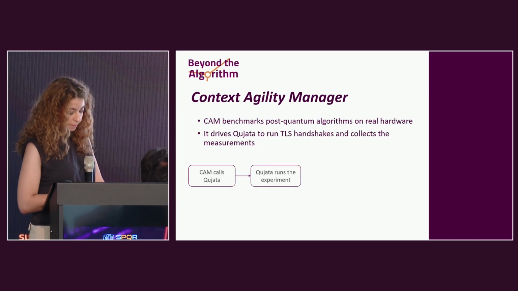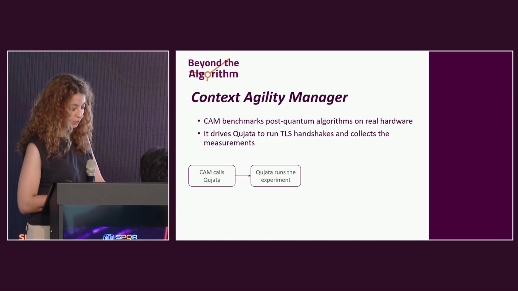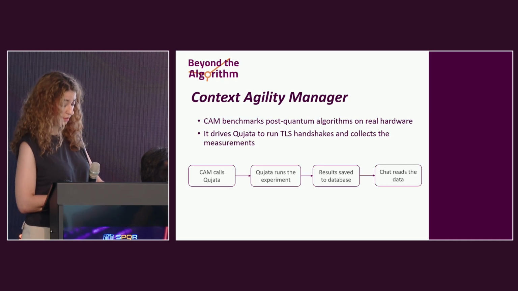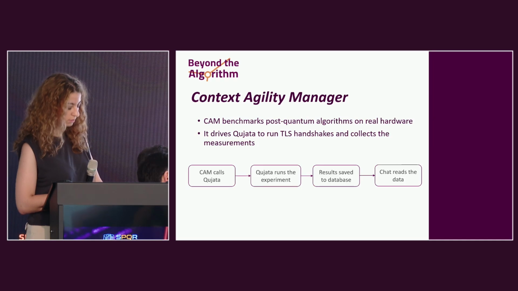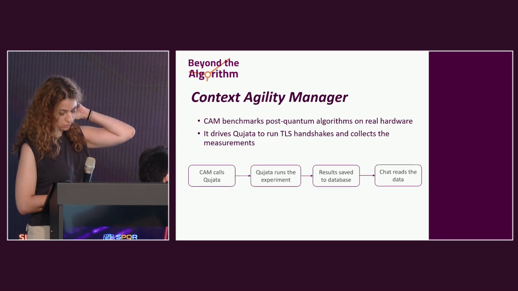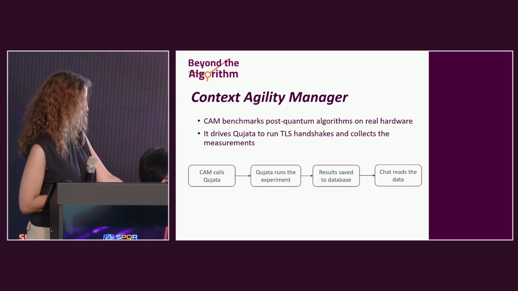Then the Kuhata executes the experiments by performing real TLS handshakes using LibOQS, which is an open source library that implements the NIST post-quantum algorithms. The results are stored in the database, and then they are ready to be used to answer the questions of the user.